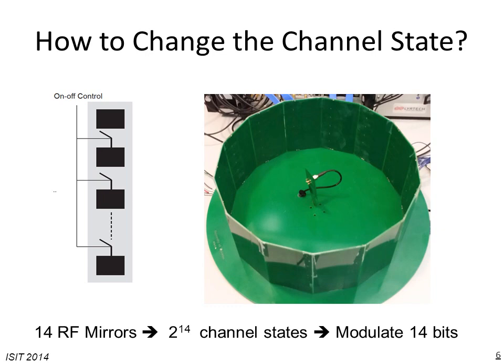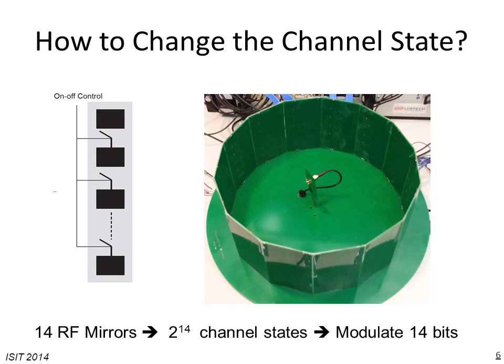Those walls act as an RF mirror. We can turn them on or off, and as a result they become either a reflector or transparent to the RF signal. So they let the signal go through or they reflect it back.